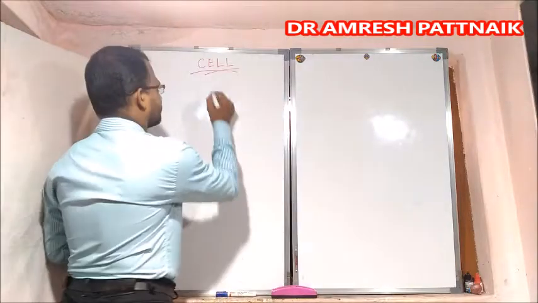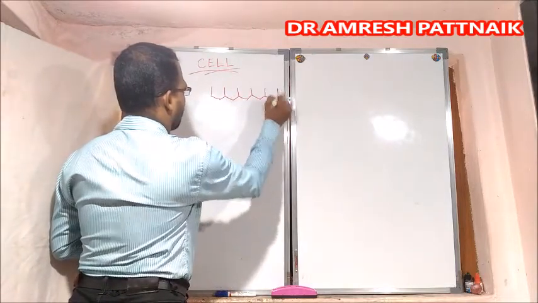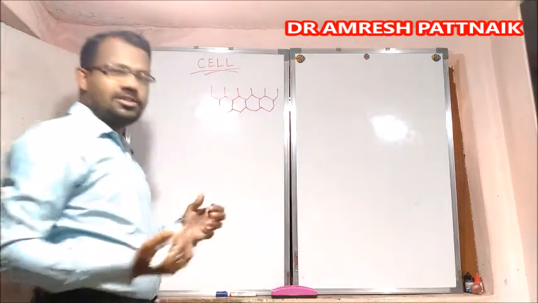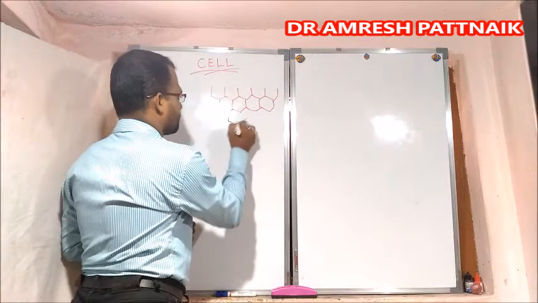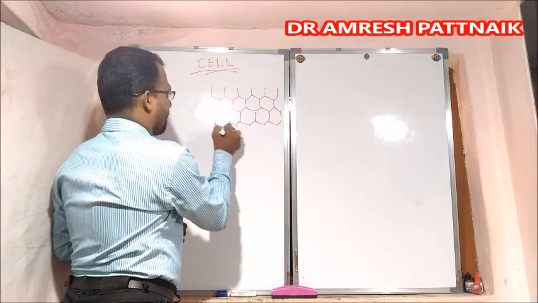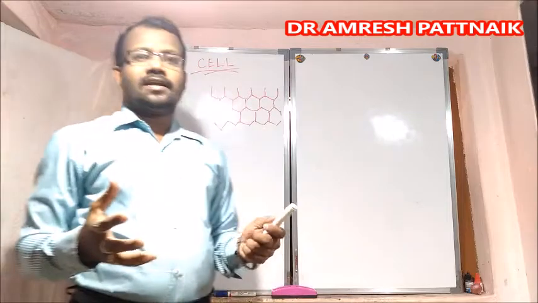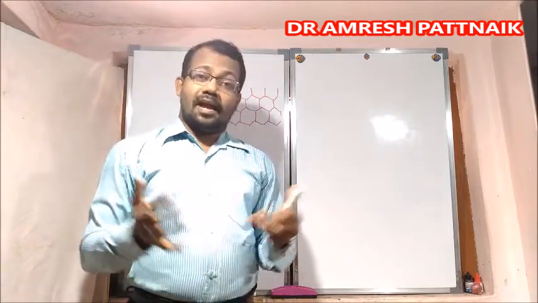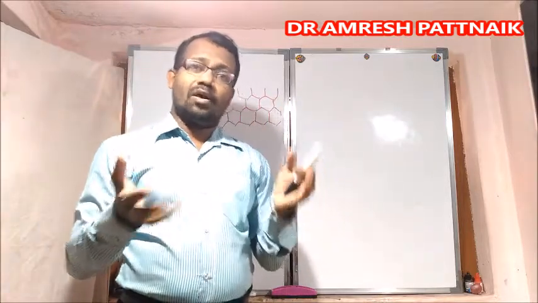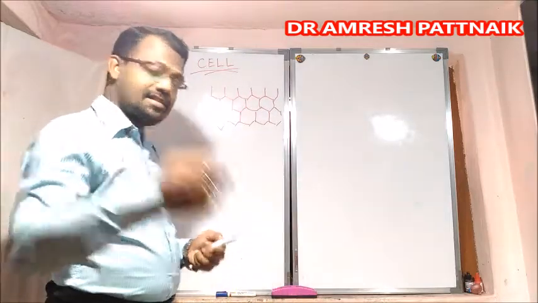He saw boxes like these. These boxes looked like a honeycomb-like structure, which is present in the bark of the dead plant, and he named it a cell.